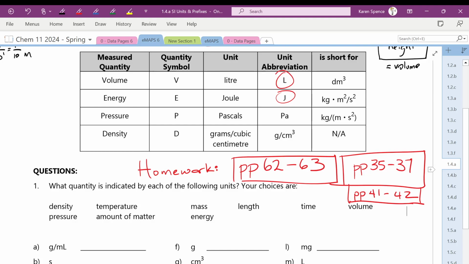That's just what it is. Yeah, we're focusing on that. Exactly. Yes. How big are we? Volume.